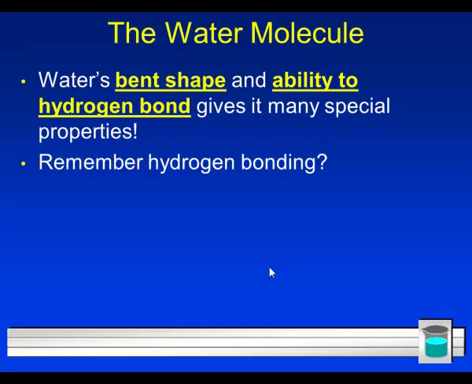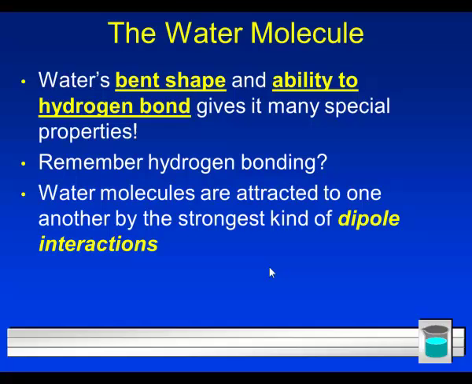Okay, so bent shape and super polar covalent bonds in the molecule means that we have an overall polar molecule in H2O. And because of the nature of the polar bonds in water, we have the possibility for one of the 3 types of intermolecular forces that we learned about, the strongest on average.